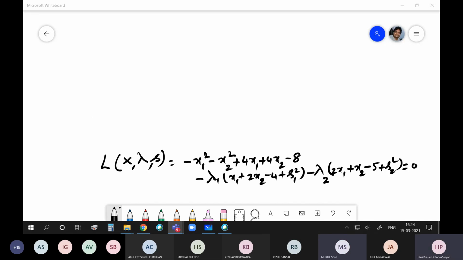Sir. So what is the necessary condition? Sir, the partial derivative with respect to each variable should be 0. So do it and tell me what are the values of x1, x2, lambda 1, lambda 2 you get. Yes, sir.